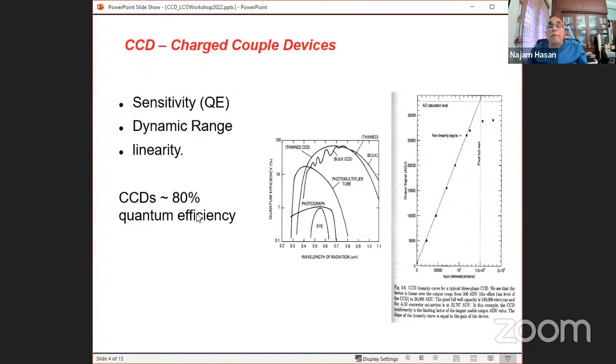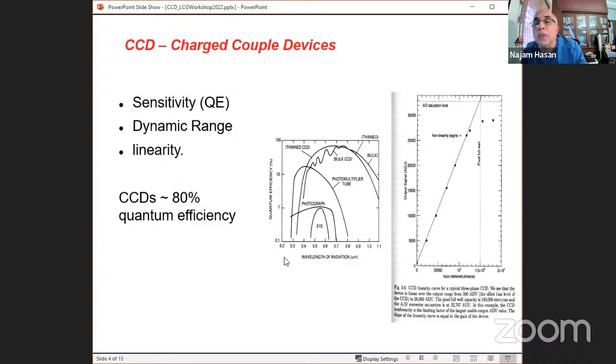CCD's quantum efficiency is almost about 80% to that of the photographic plates. And this graph shows what the eye limit is, which is shown in the lower curve, and how sensitive the photographs are.